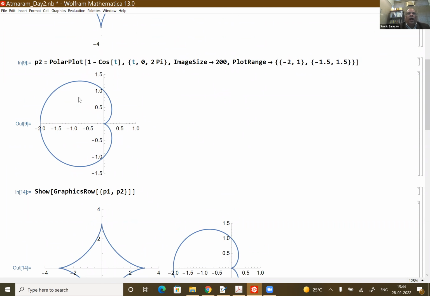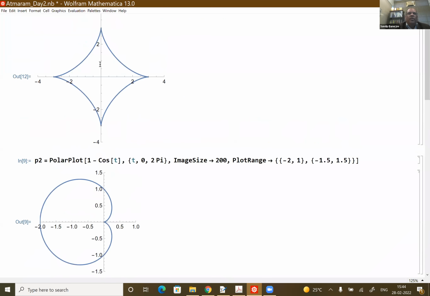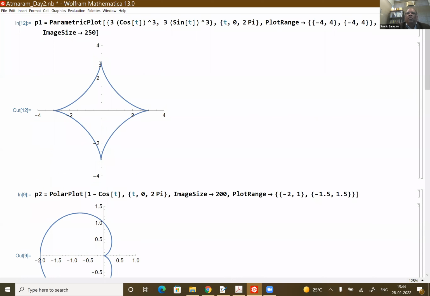So what I am doing is I am plotting exactly this in 0 to 2 pi. This is also from 0 to 2 pi. So both parameters are same from 0 to 2 pi. This is a different function. This is a different function. I kept the parameter same from 0 to 2 pi. And then I am combining those two.